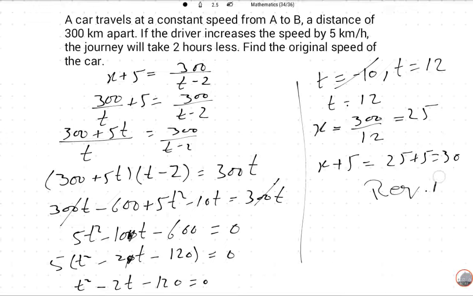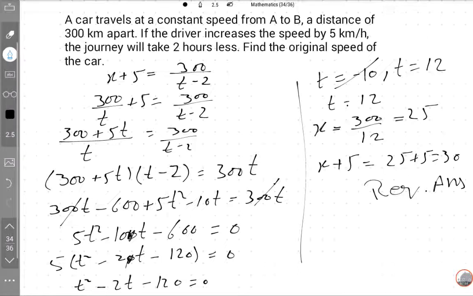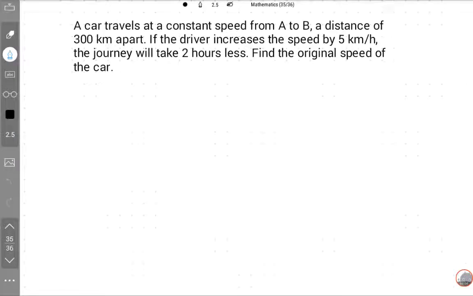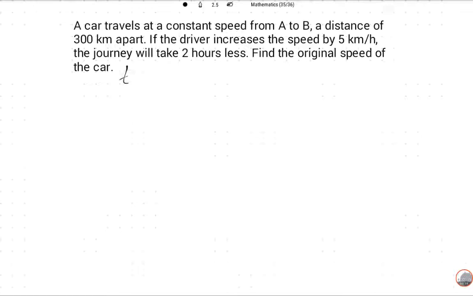Now I solve this by the second method. I have only the formula distance is equal to speed multiplied by time. In the previous method we found with respect to speed and now with respect to time.